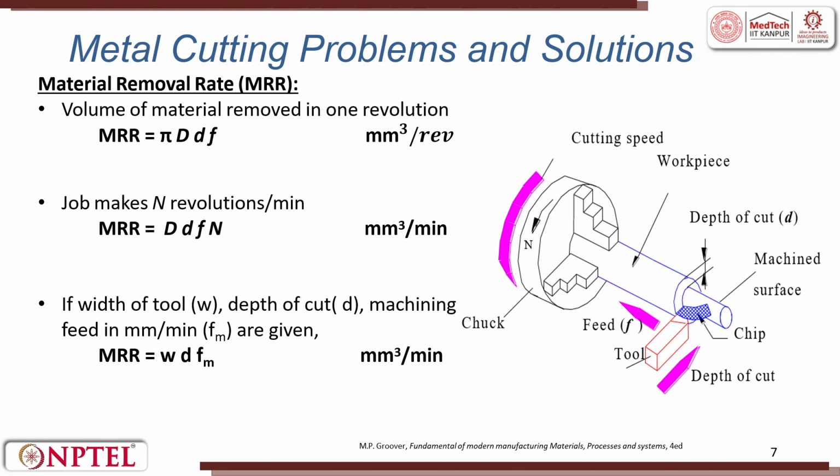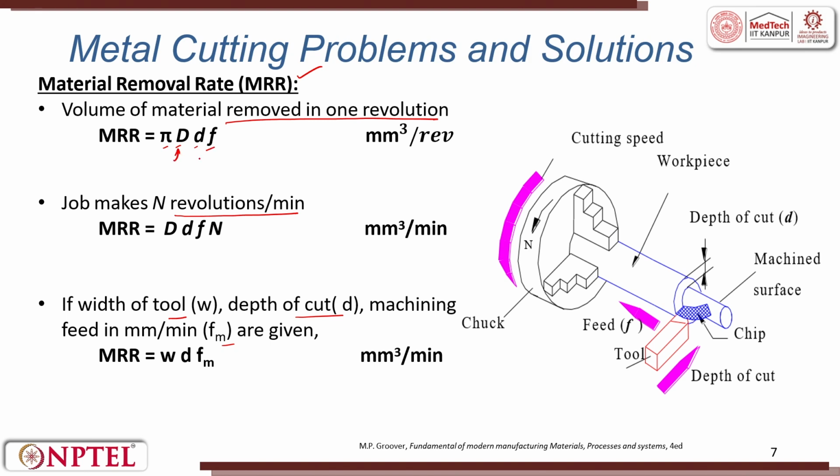Then we sometimes have to calculate the material removal rate. Material removal rate is in three forms, that is material removed in one revolution, then in N revolutions per minute, then depending upon the width of the tool and depth of cut, it is also calculated. First is material removal rate per revolution, which is equal to pi D into d into f.